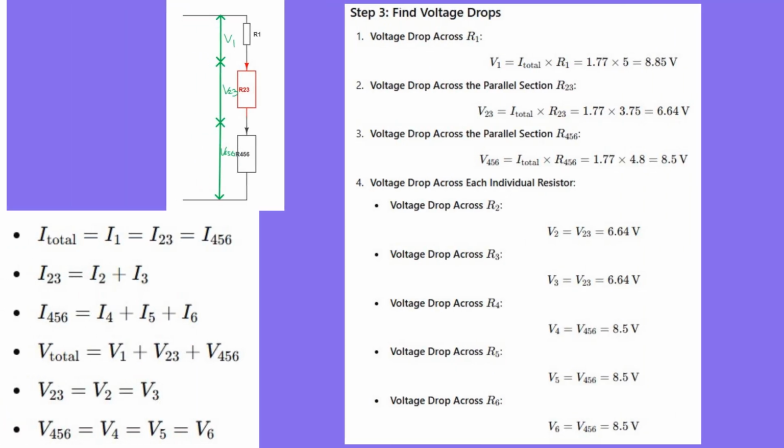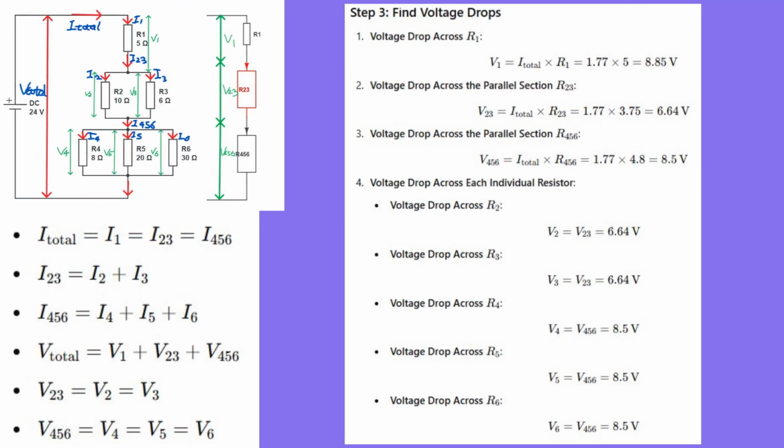Step 3. Find voltage drops. For V1 calculation, we can use Ohm's law directly. Given I1 equals I total equals 1.77 amperes and R1 equals 5 ohms, V1 equals I1 times R1 equals 8.85 volts. Then we can work out the voltage across the parallel sections, which we label as V23 and V456. We apply Ohm's law.